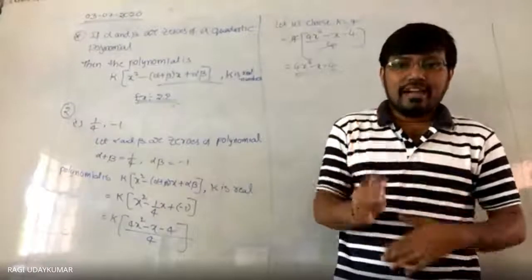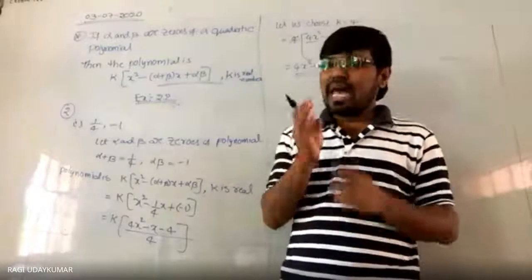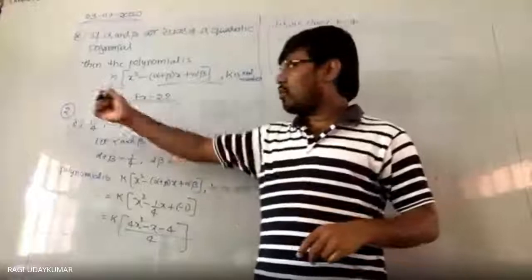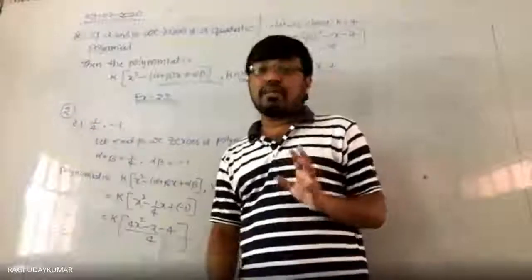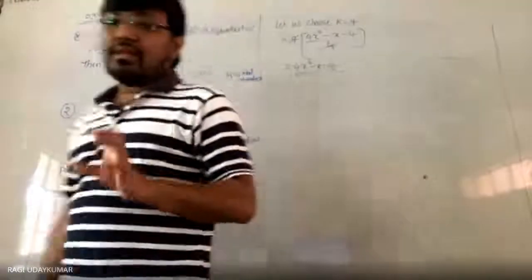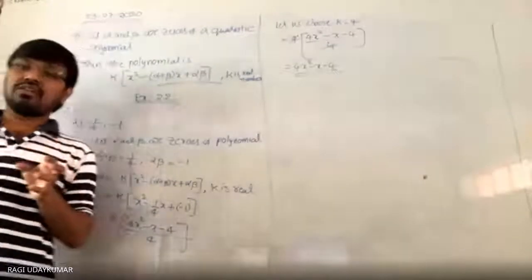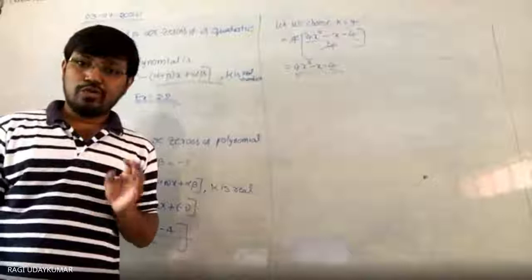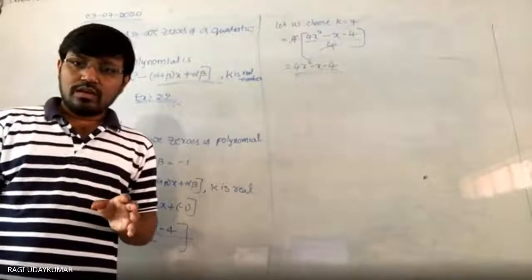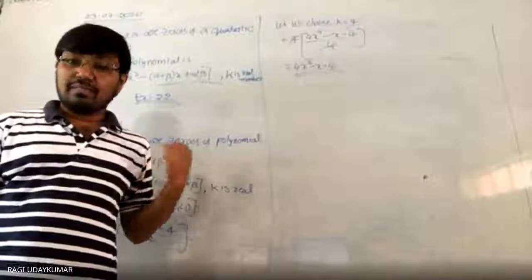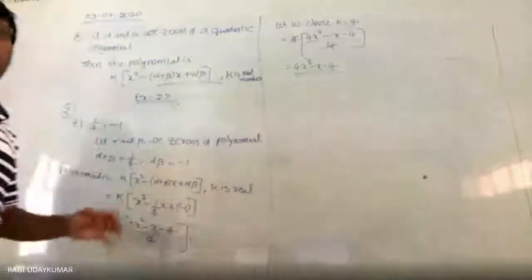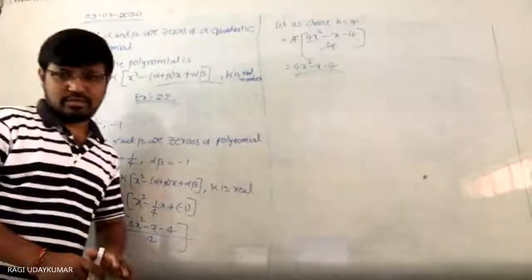Suppose 2 and 3 are given as zeros, which means alpha is equal to 2, beta is equal to 3. Here the question is not that one. Sometimes in the previous examinations, I have seen that they ask questions where, instead of sum and product, the zeros are given.